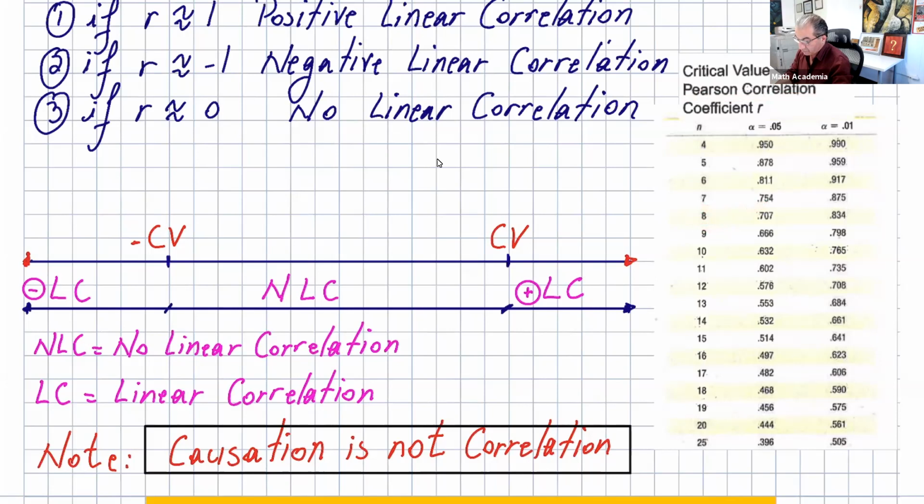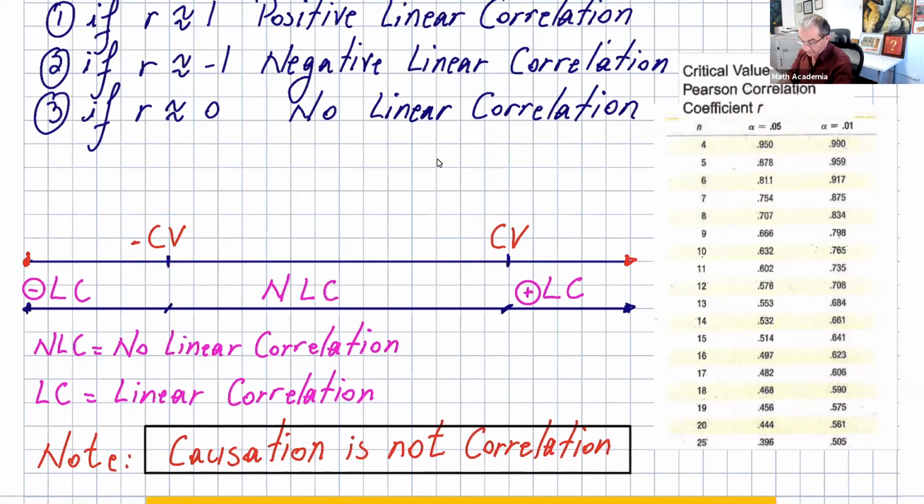And there are two significance levels. If the significance level is not given, just always use 0.05. So for 8, you get the critical value 0.707. You put the positive number here for the critical value and negative 0.707 here.